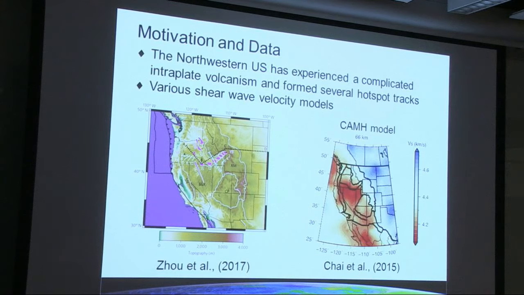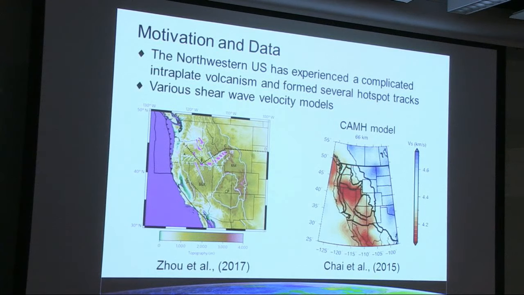The hotspot tracks are thought to be the surface expression of the interaction among the southward moving North American plate, an upwelling mantle plume, and return flow induced by the subducting oceanic plate down to the west. However, the details of the interaction and the hypotheses about the formation of the hotspot tracks remain debated.